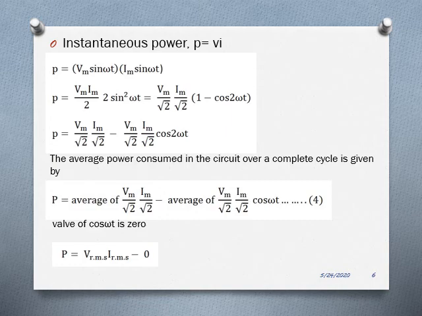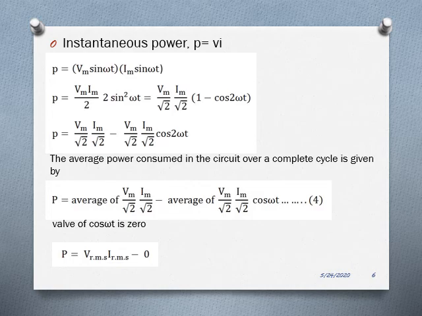That is nothing but Vm by root 2 into Im by root 2, or you may say Vm Im divided by 2. Vm by root 2 is nothing but Vrms, Im by root 2 is Irms. So you may say that the power in a purely resistive network will be Vrms Irms watts, or simply VI watts.